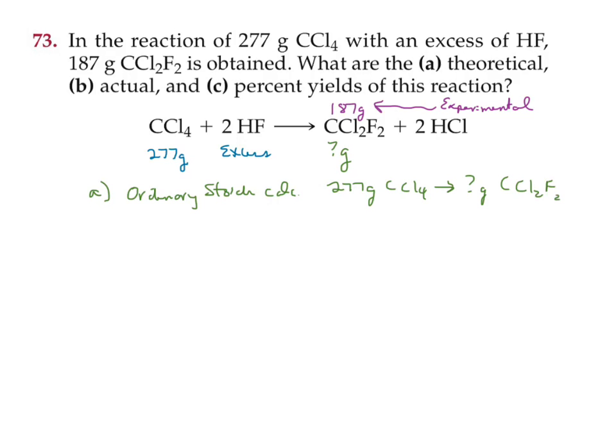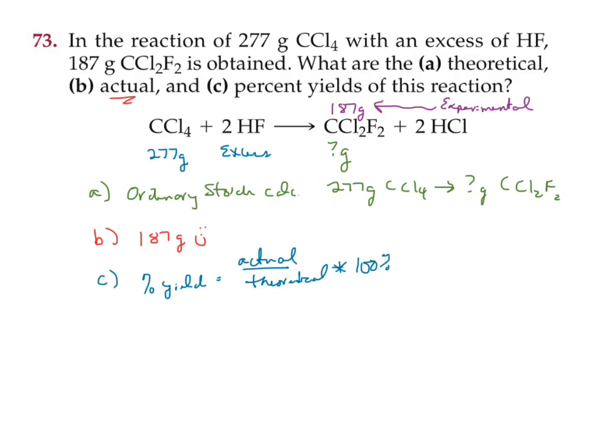You're supposed to come up with the theoretical yield of CCl2F2. The theoretical yield is just an ordinary stoichiometric calculation. You don't have to identify what's in limited supply because they already tell you. Then the actual yield, sometimes that throws students off. The actual yield is 187 grams. No calculations needed. And then percent yield would be the ratio. So that one's pretty good.